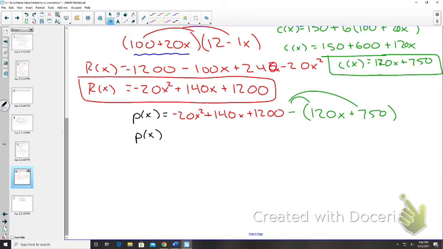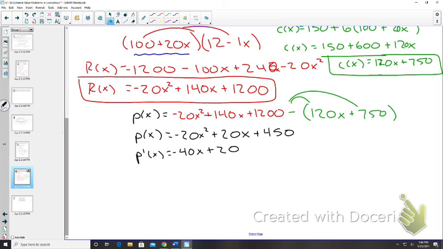So negative 20x squared can stay. 140x minus 120x leaves me with 20x. And 1200 minus 750 will leave me with positive 450. Okay, at this point here, let's go ahead and take the derivative. So P prime of x is equal to negative 40x plus 20.